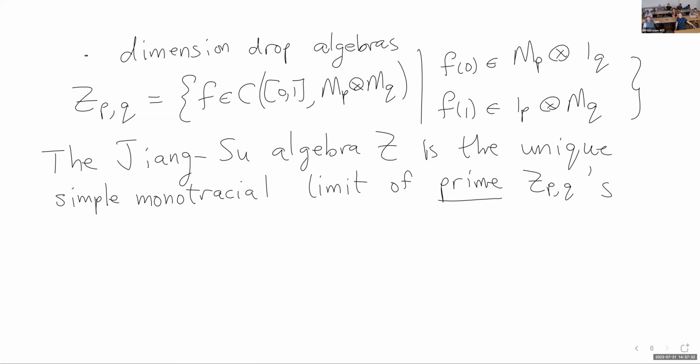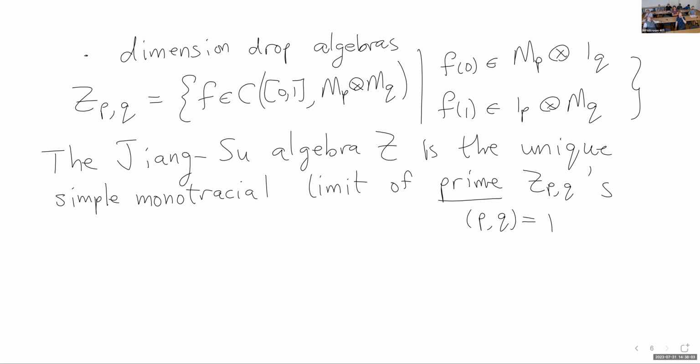Prime just means that we want the integer p and the integer q to be coprime. Monotracial means there's a unique tracial state. Does monotracial mean that the dimension of the space of traces is 1? Yeah, there's just one trace.